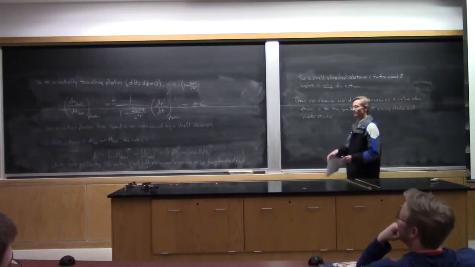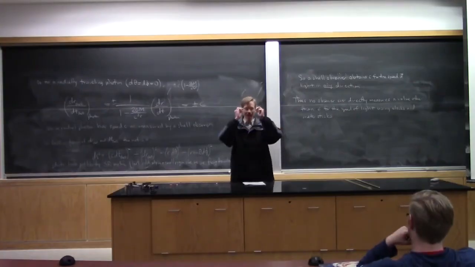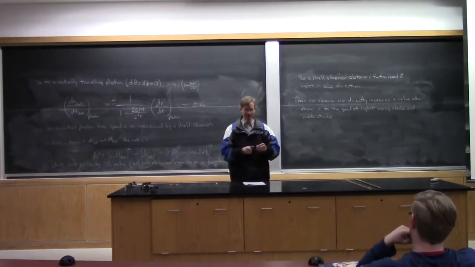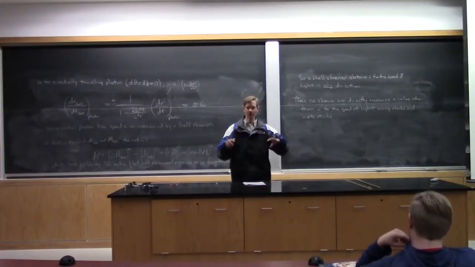So nobody ever directly measures anything other than the speed of light if the photon's whizzing right past them. But on the other hand, and I'm hoping you inferred this when you were doing one of the homework problems, that doesn't mean that this slowing down of the speed of light in Schwarzschild coordinates doesn't have observable effects.